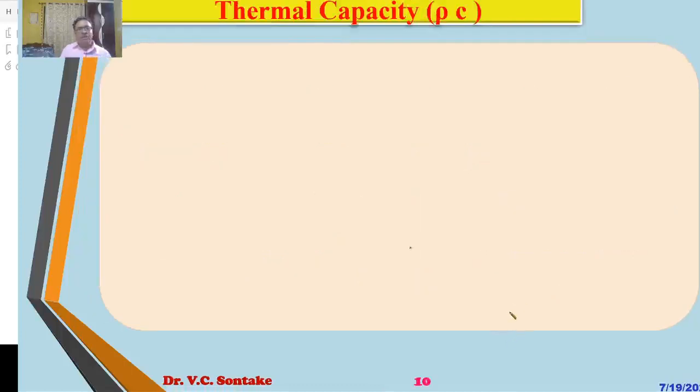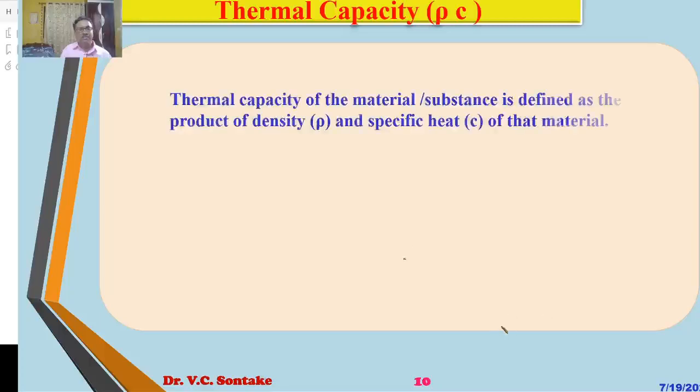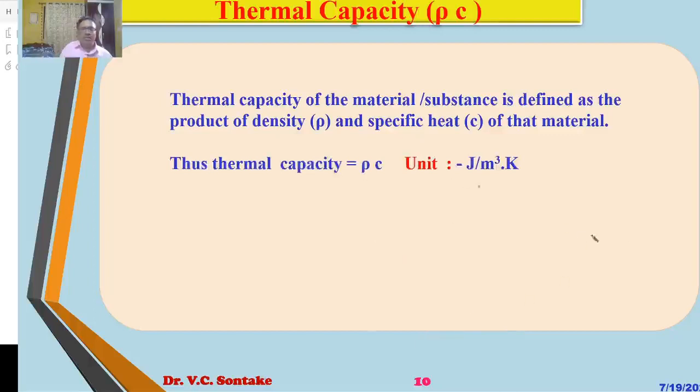Now let us define another property called thermal capacity. Thermal capacity of a material or substance is defined as the product of its density and specific heat of that particular material. Mathematically, thermal capacity is equal to rho into C, and its unit is joule per meter cube Kelvin.